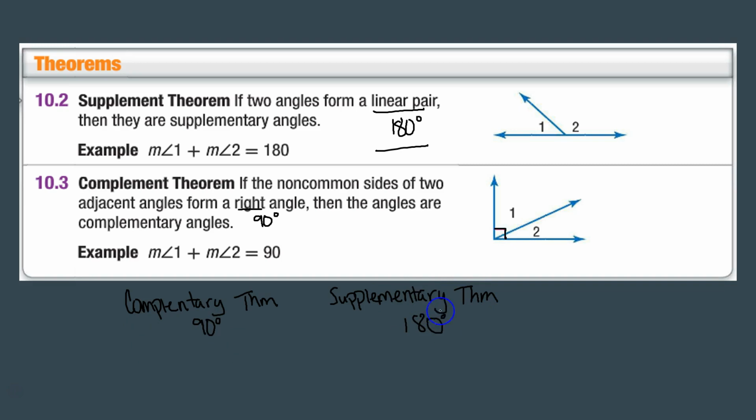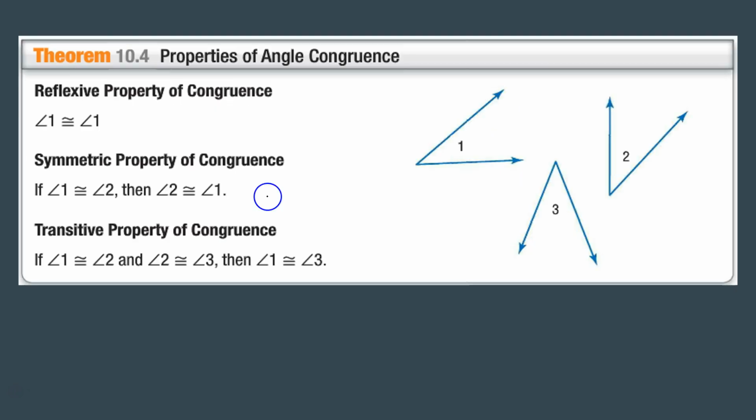So the simple way that I remember this one is C comes before S and 90 comes before 180. So a nice little trick so that you don't have to refer to your definitions every single time.